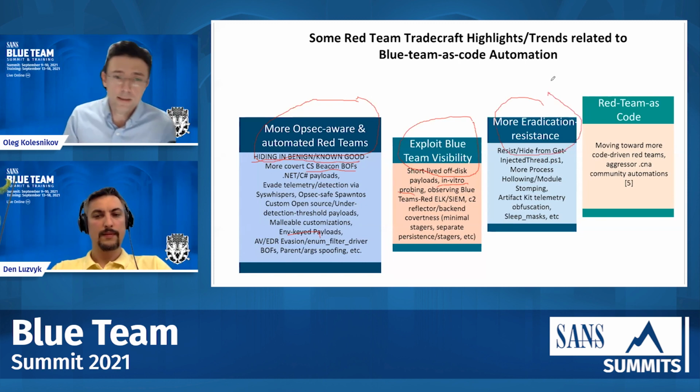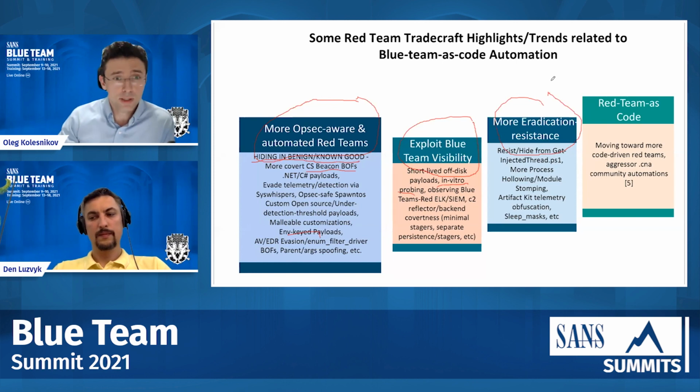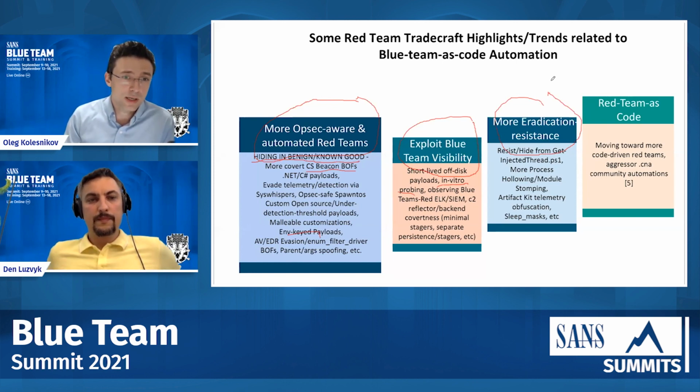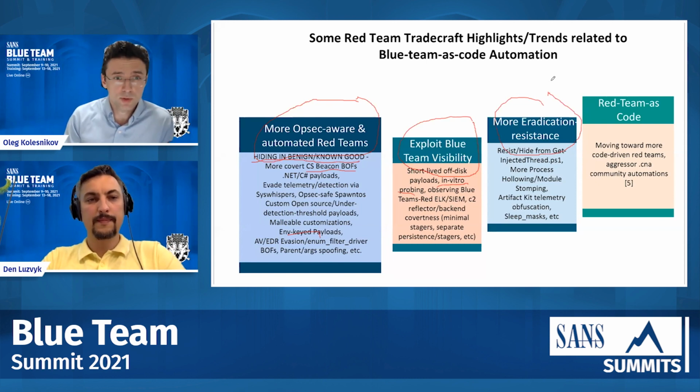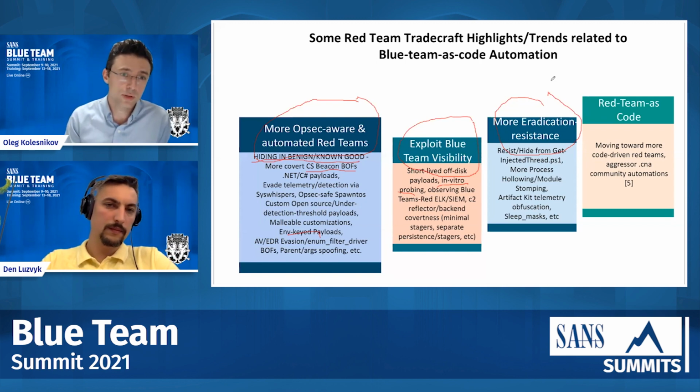I know Justin and Ismail were talking about whether or not we can trust the endpoint, right? And so we're going to have, I think, a good example on that. But ultimately, red teams are well aware of what we're going to be doing as blue teams, right? It used to be a couple of years ago that you could just run a simple get injected thread, look for RWX segments and some of the unhooked set thread address parts, and bam, you can kill the threads and kill a lot of the hooked processes.